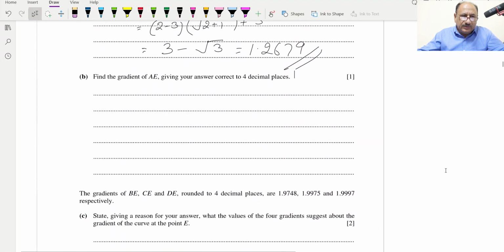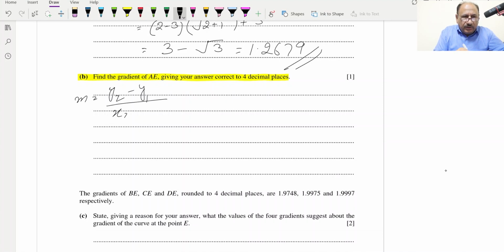Now find the gradient of AE. Find the gradient of AE giving your answer correct to 4 decimal places. And for gradient we know the formula m is equal to y2 minus y1 over x2 minus x1, and this will be what? This will be y2 is 3 and y1 is minus 3 plus under root 3.